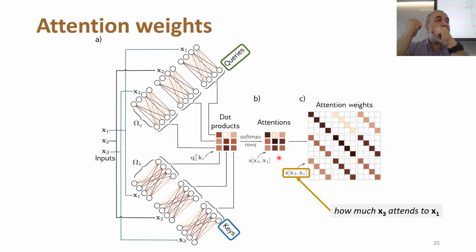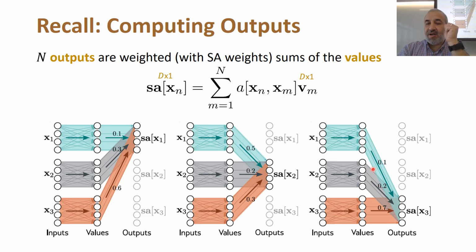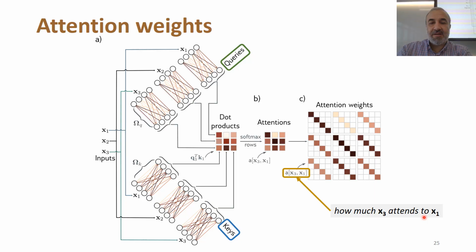These three numbers are the attention weights between x3 and all words, right? Where is that in the matrix? The last row. Okay, is that clear? Okay, right.